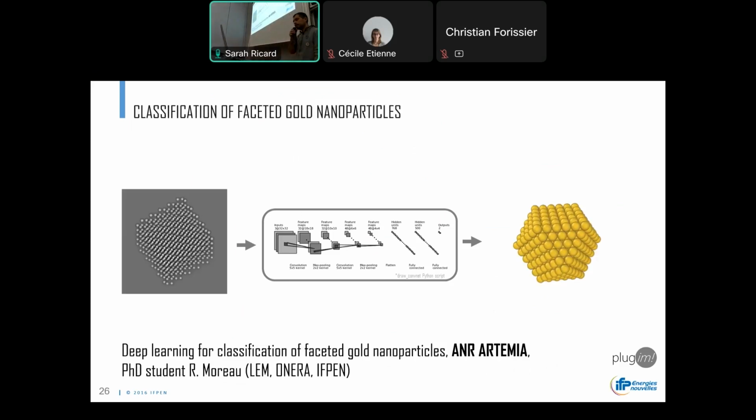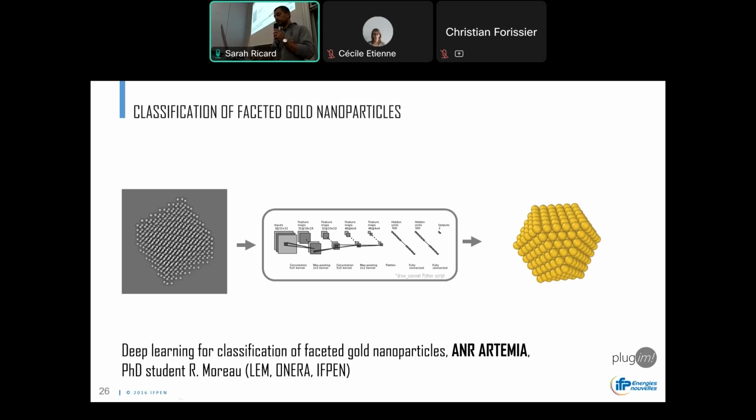The first example is that you can use CNN to make robust classification of nanoparticles. Here I present some results from Romain Moreau. He's a PhD student with myself and some colleagues from ONERA at the LEM laboratory. We use images obtained from TEM, transmission electron microscopy with high resolution.